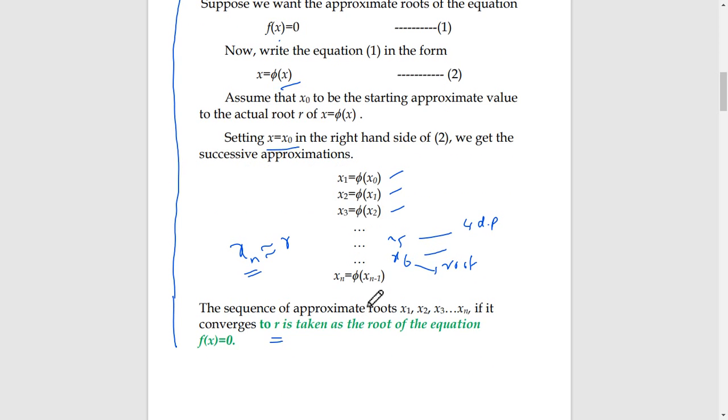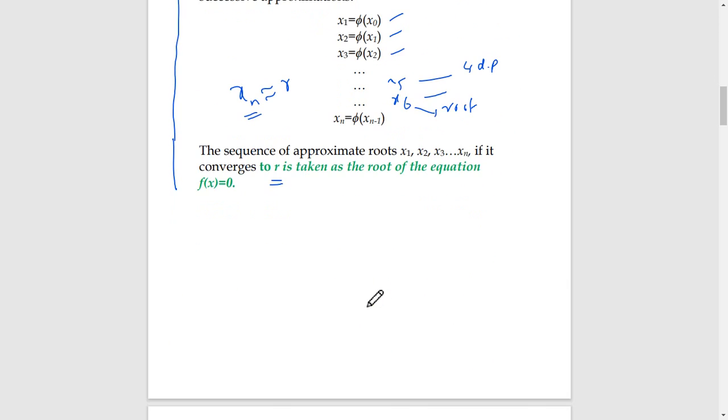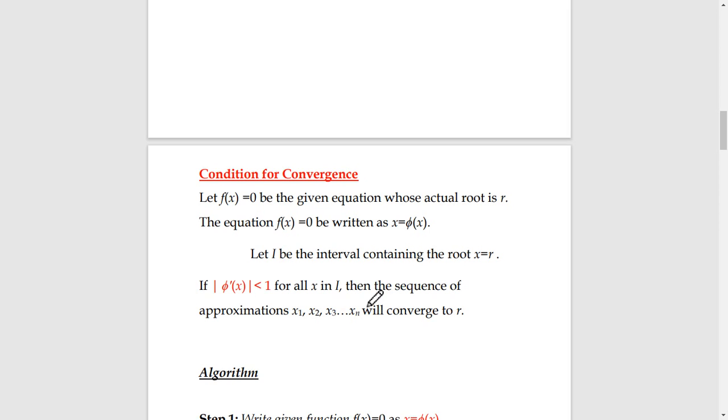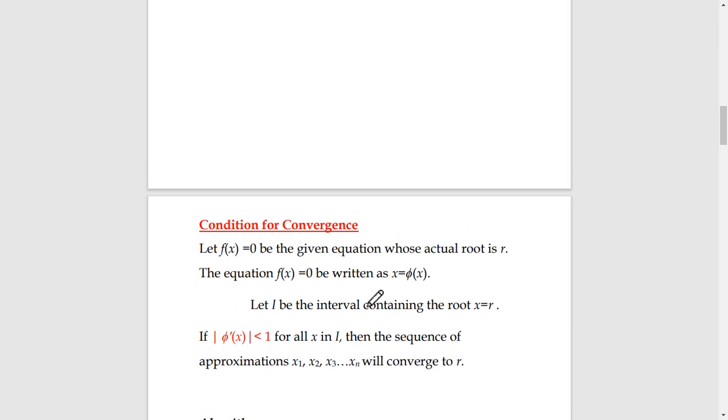So this is a very simple method, but this method has one extra condition, that is the condition for convergence. That means whenever we take x equal to phi of x, we don't know which initial point to take, so we need to check this condition: mod phi dash of x is less than 1.